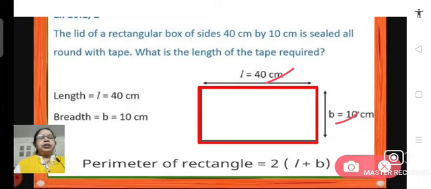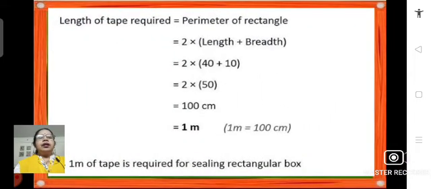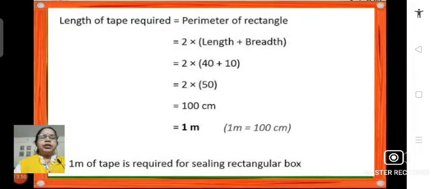We know that the perimeter of a rectangle is equal to 2 into length plus breadth. So we can find out the length of the tape required, which will be equal to the perimeter of the rectangular box.